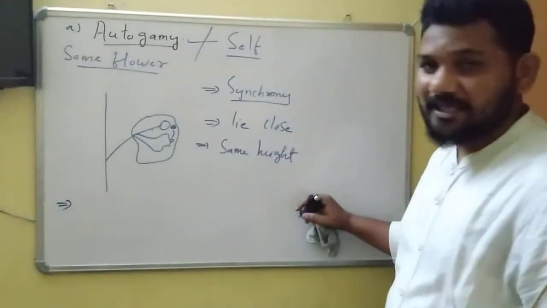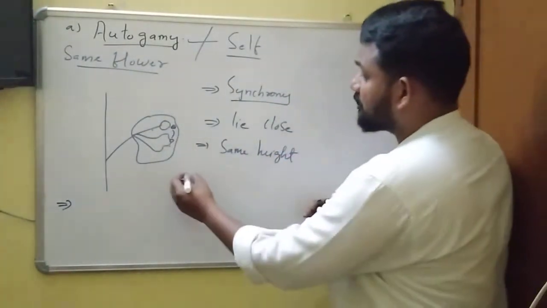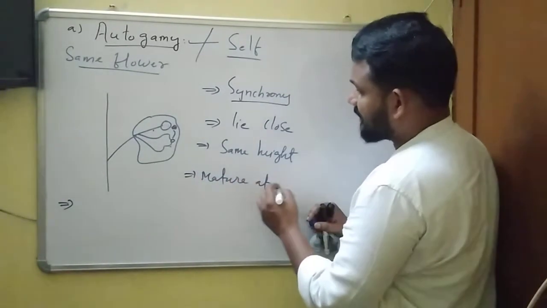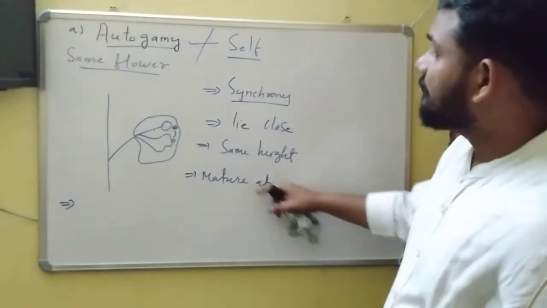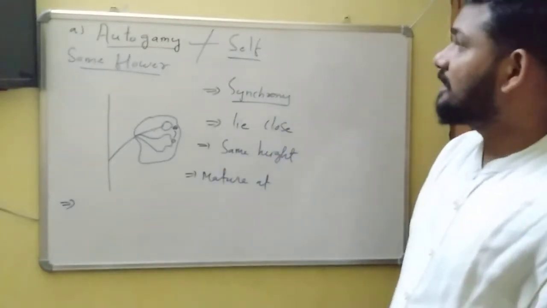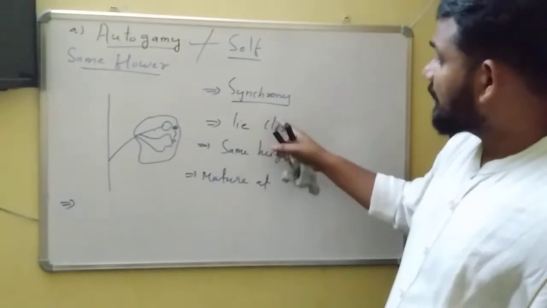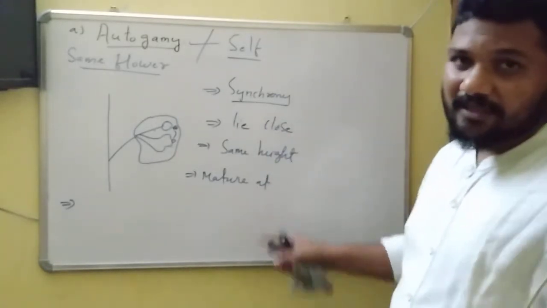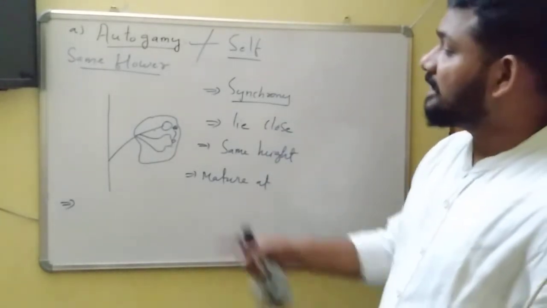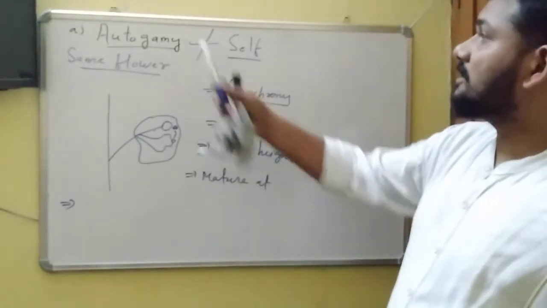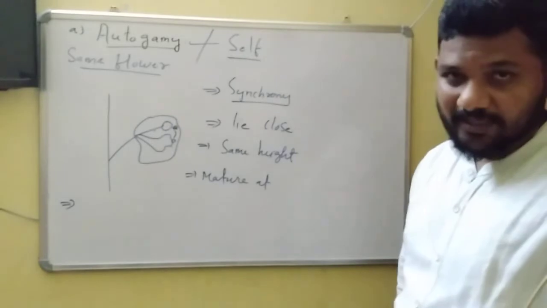They should also mature at the same time. Then only, if it is a bisexual flower, can they perform autogamy or self-pollination. Otherwise, if any one character is absent, they cannot perform autogamy even if it is a bisexual flower. So these are the conditions for autogamy or self-pollination.